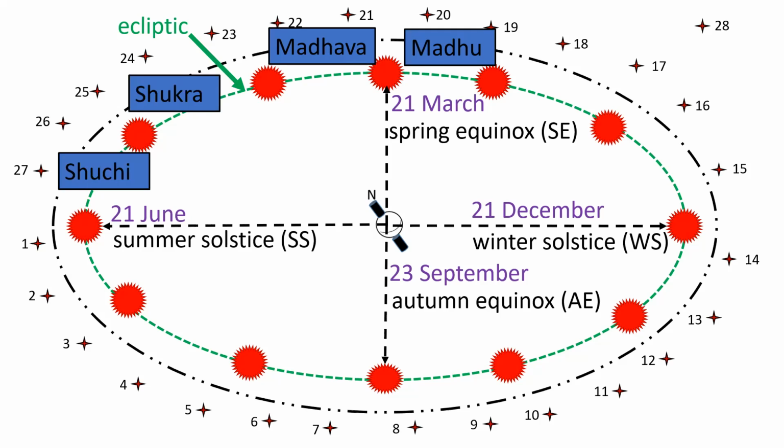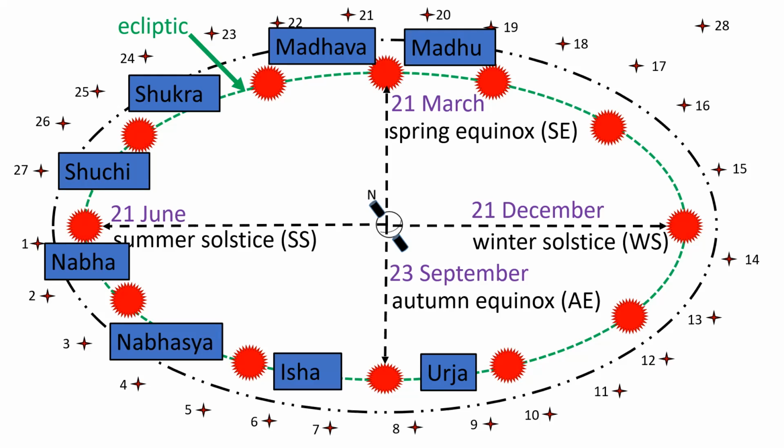Next, we will have the season of summer or Grishma Rutu, and the two solar months that correspond to Grishma Rutu or summer season are Shukra and Shuchi. The next two solar months corresponding to the Varsha Rutu or rainy season are Nabha and Nabhasya.